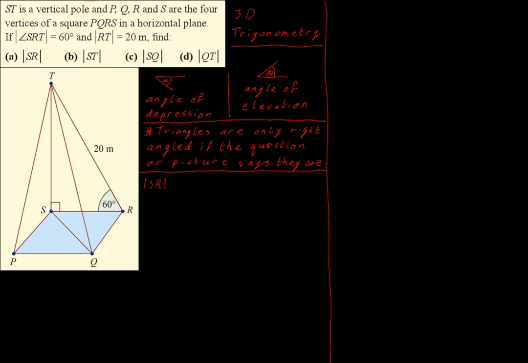Well, if they've told us that the ST pole is vertical and the square, the blue square here, is horizontal, that means that there is a right angle between ST and all of our other points going out across the blue square. If this is vertical and these are horizontally away from S, that means that we have right angles.